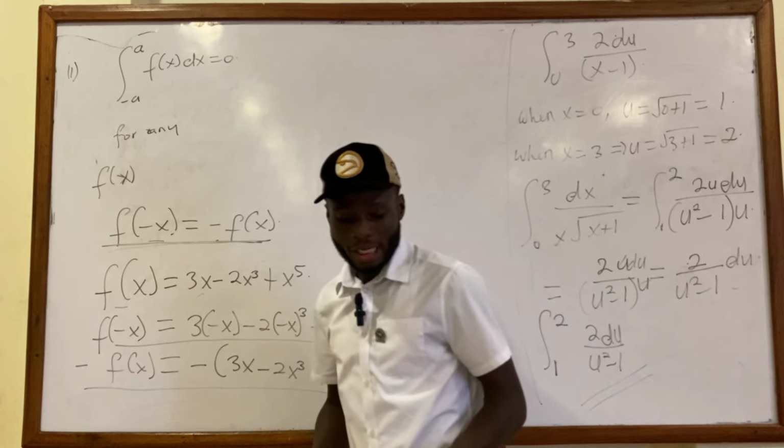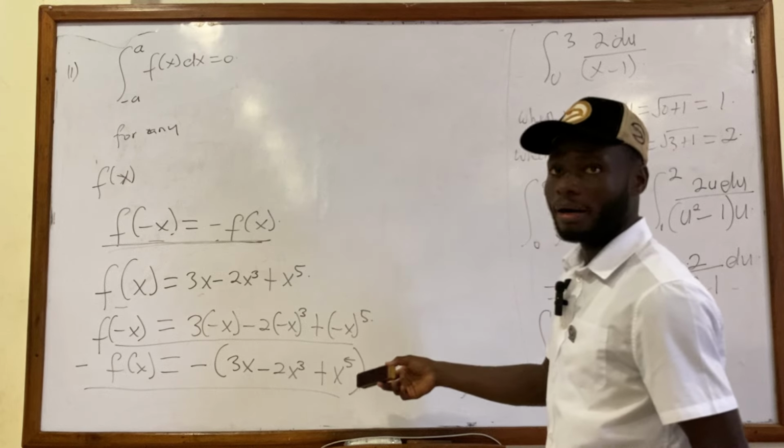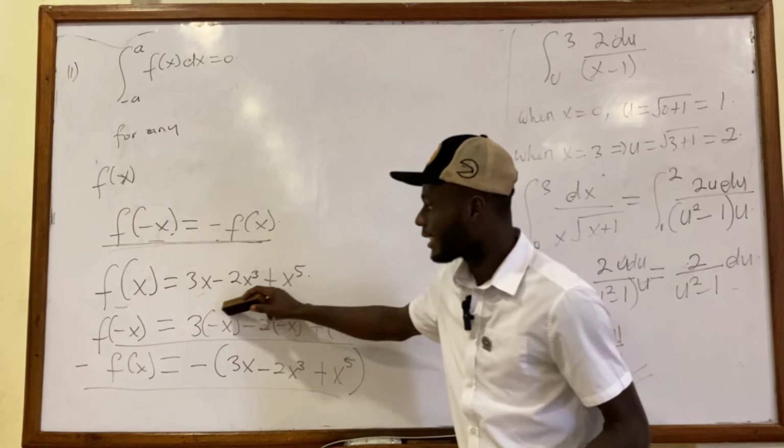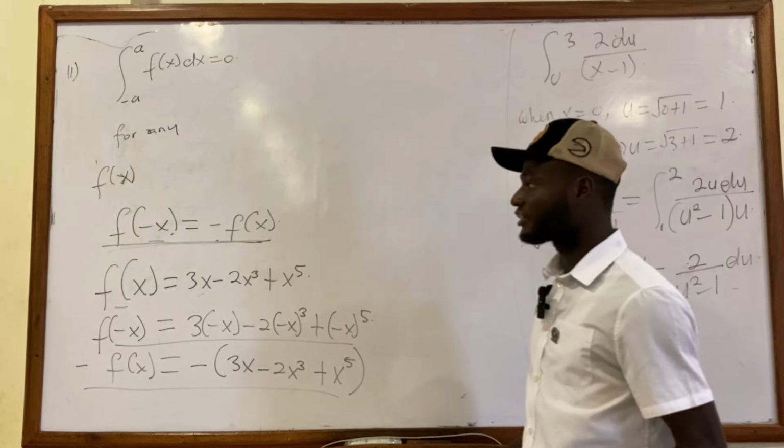All right, so now we are done with this particular function. We've satisfied that 3x minus 2x cubed plus x power 5 is an odd function.